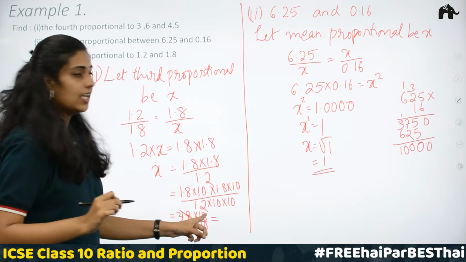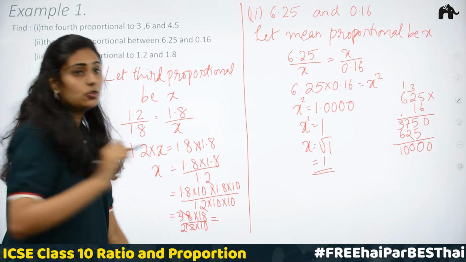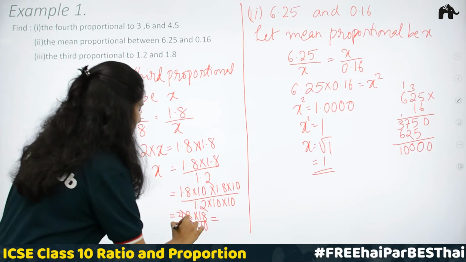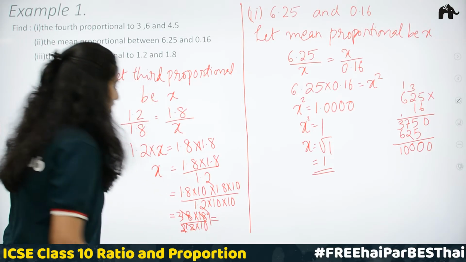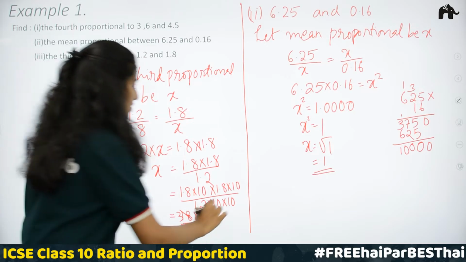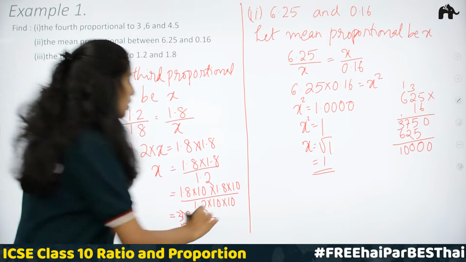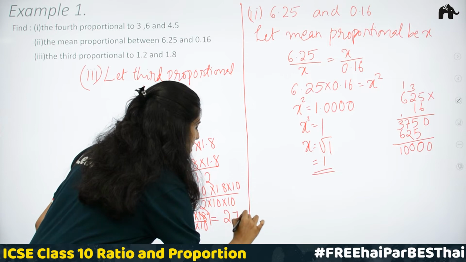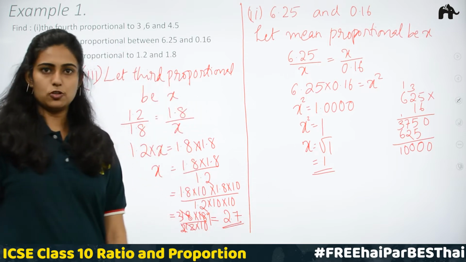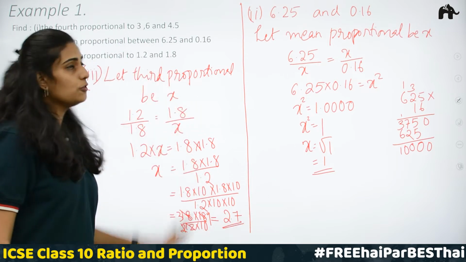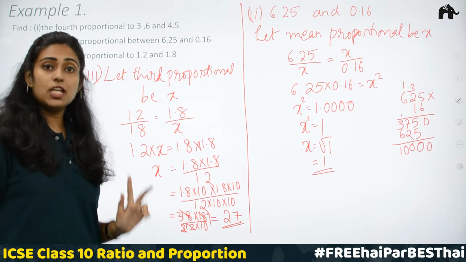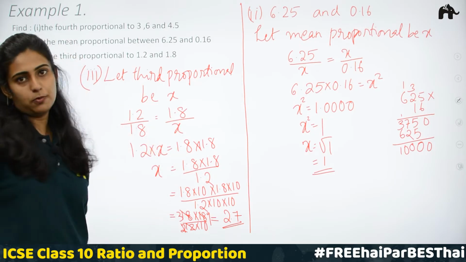This 2 and 18 can be cancelled. 2 into 9 is 18. So here we get 9. 9 into 3, 27. 27 divided by 10, 2.7. 2.7 is the third proportional. Clear? Now, you know how to find the fourth proportional, mean proportional and the third proportional.